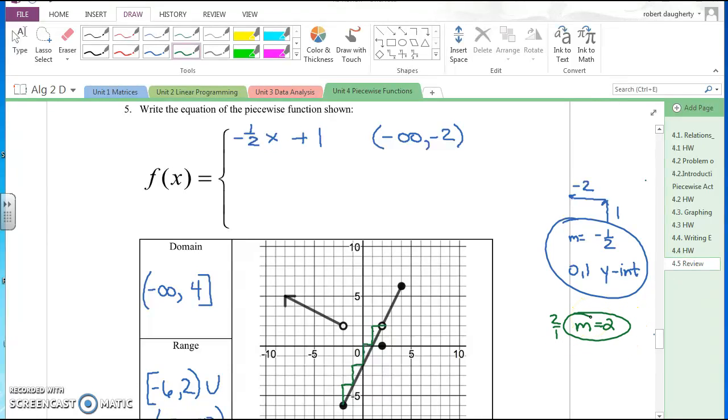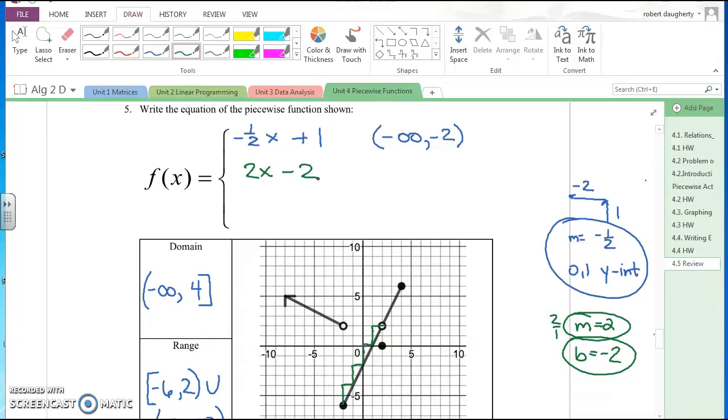And if I look at the y-intercept, it is (0, negative 2). So in slope-intercept form, this equation is going to be 2x minus 2. And where is that in effect?